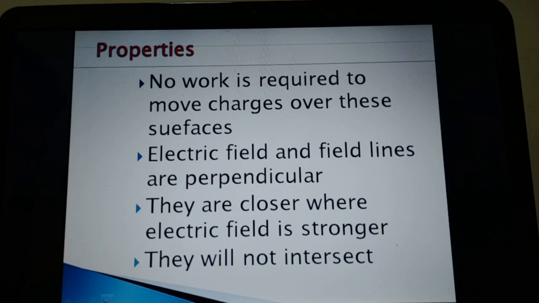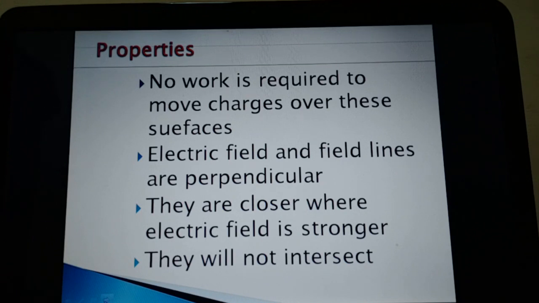So in the region where the electric field intensity is more, the equipotential surfaces will be closer.